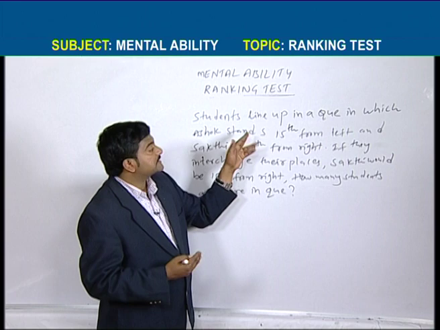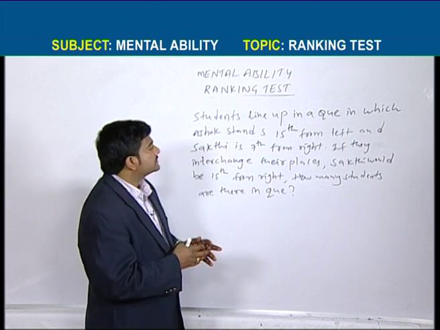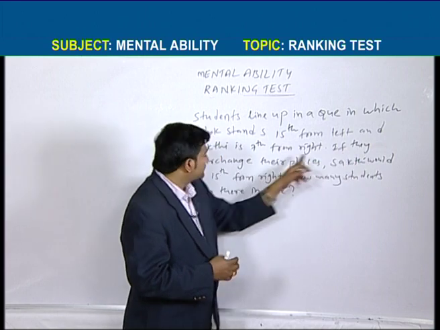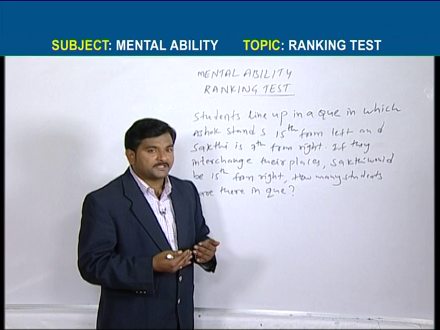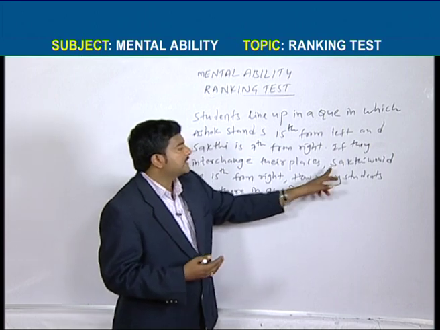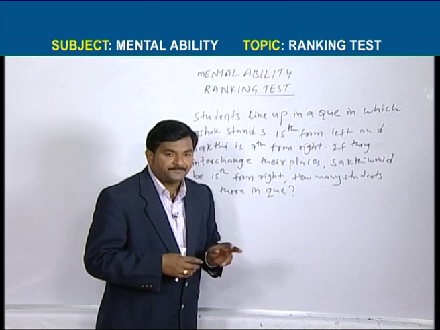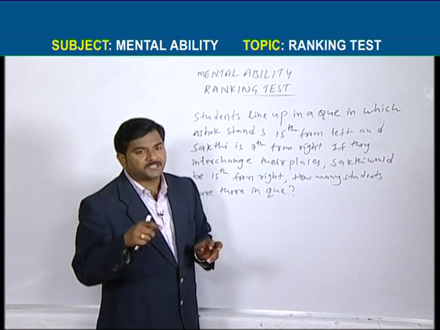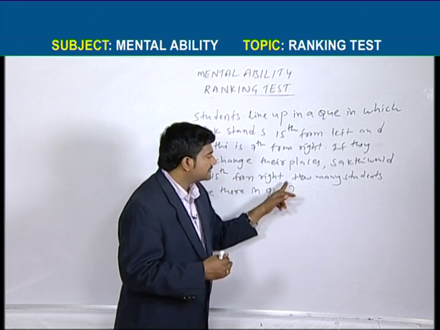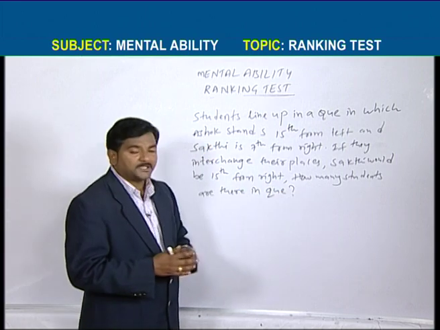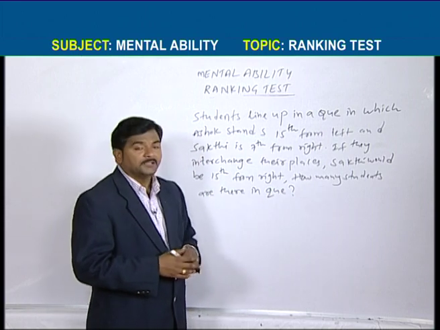The two persons' positions are given from both sides. If they interchange their places, Shakti would be 15th from the right. How many students are there in the queue?